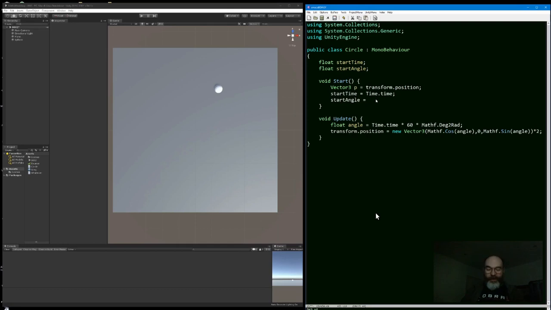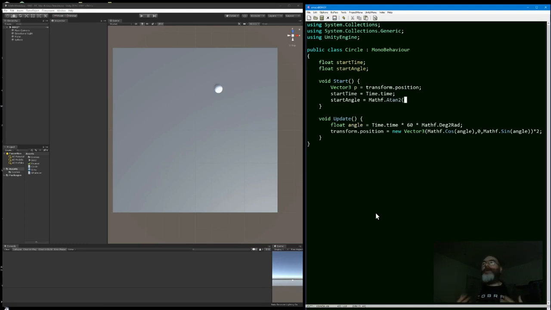And so there's this great function called Math.Atan2. I can't remember if it has a capital T or not. We'll find out.